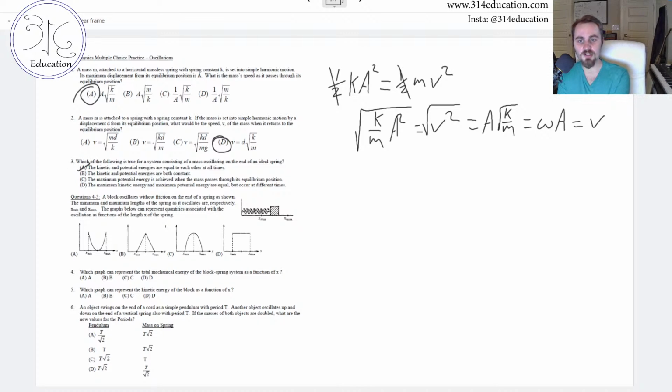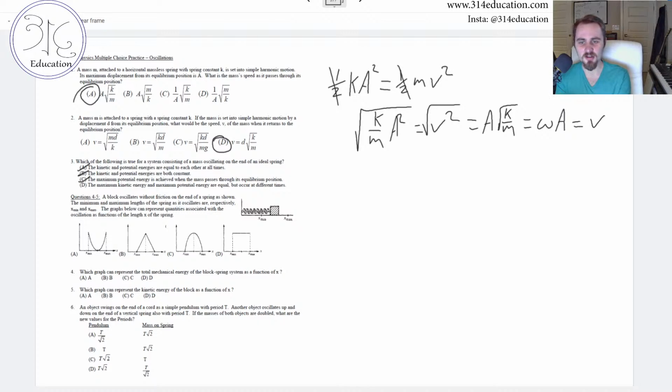The kinetic and potential energies are both constant. That unfortunately is not true either, because we know these fluctuate as the mass changes its position. The maximum potential energy is achieved when the mass passes through the equilibrium position. That's not quite true. That's when the maximum kinetic energy occurs, but not potential. Potential is when we are the furthest from the equilibrium, when the spring is maximally stretched or maximally compressed.